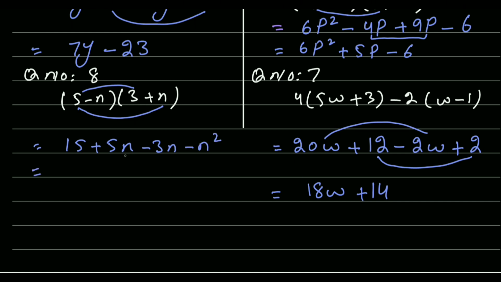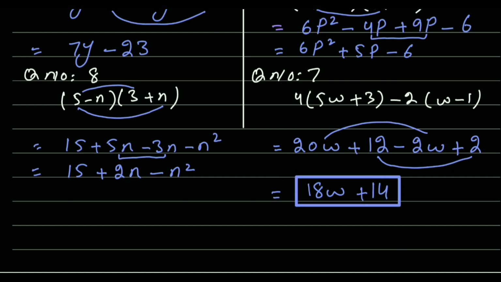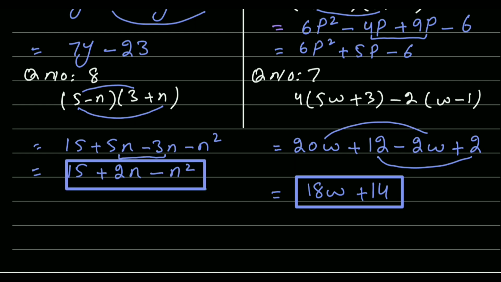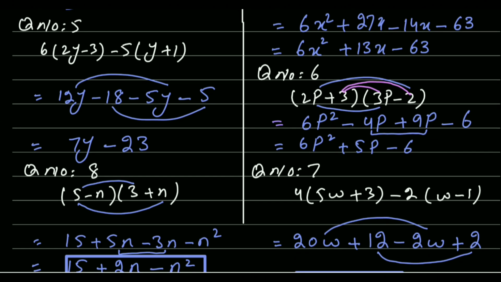Now we will simplify. We have to solve these two terms. 15 will be as it is, plus minus minus, 5 minus 3 is 2, sign will be of greater value, 2n minus n square. So that is our final answer. Let me highlight the answers.